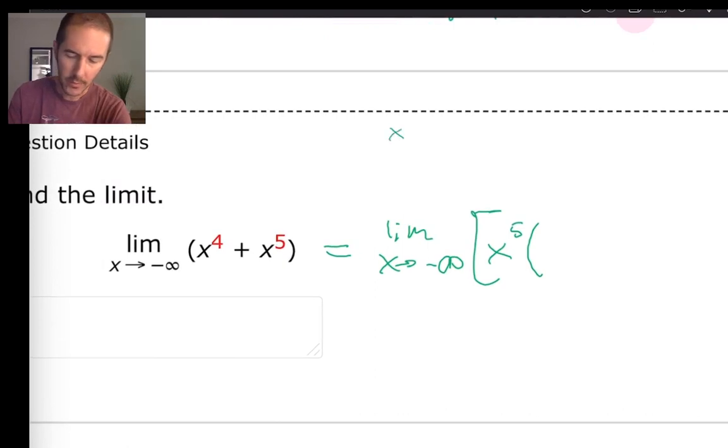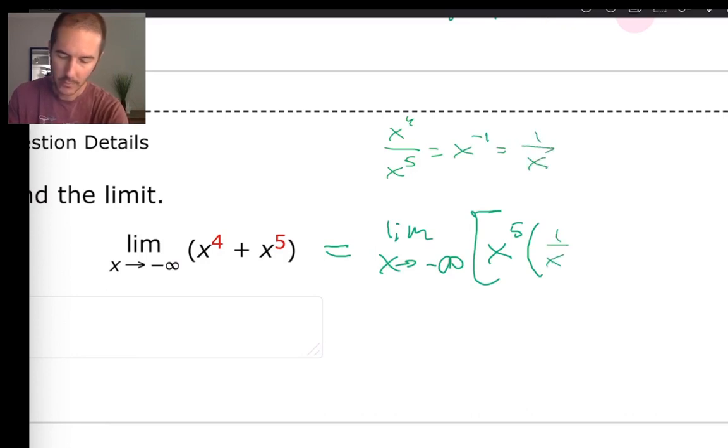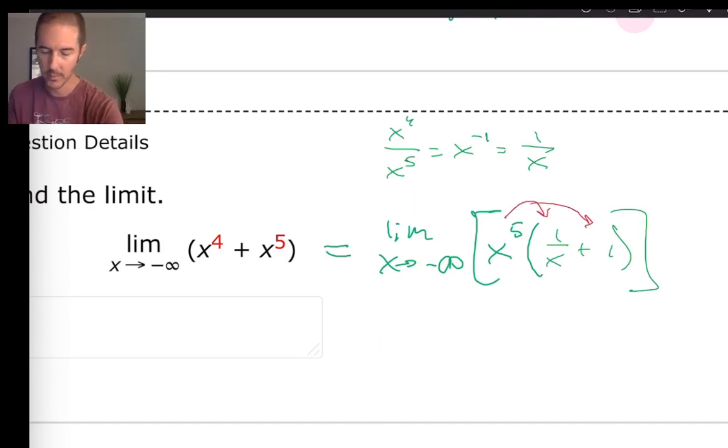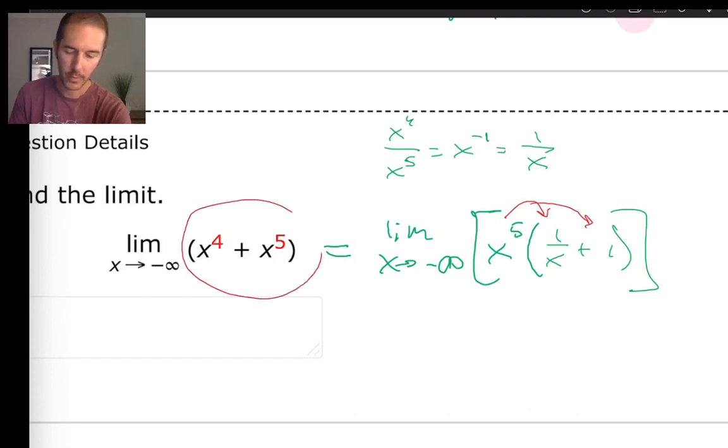And what is x to the 4 divided by x to the 5? Well, you could either call that x to the negative 1, or you can call it 1 over x. So let's write this as 1 over x plus 1, and we can always make sure that we factored correctly by distributing and checking to make sure that we get back to our original statement, and if you multiply that out, you will get this original expression.